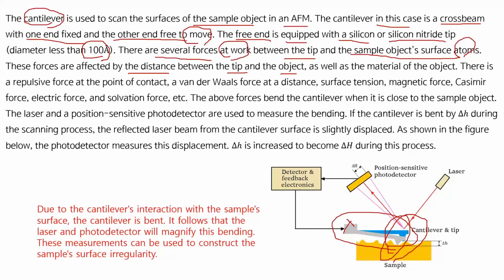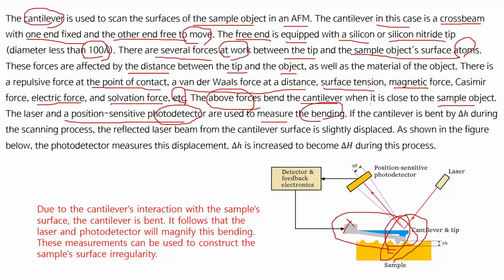There is repulsive force at the point of contact, van der Waals forces at a distance, surface tension, magnetic force, Casimir force, electric force, and solvation force, etc. The above forces bend the cantilever when it is close to the sample object. The laser and position-sensitive photodetector are used to measure the bending.